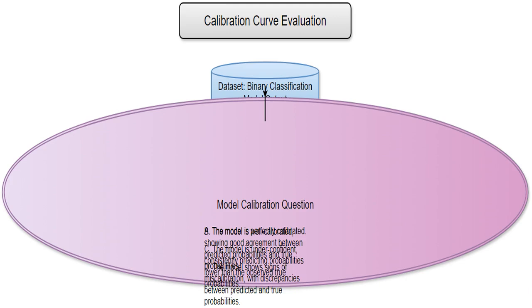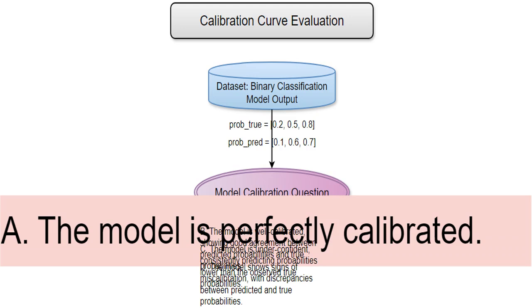I'd say that this is false. Perfect calibration means the predicted probabilities and the actual probabilities should match exactly, prob_true equals prob_pred. That is not the case here, hence the model is not perfectly calibrated. That's also incorrect. While the differences are small, they aren't insignificant.